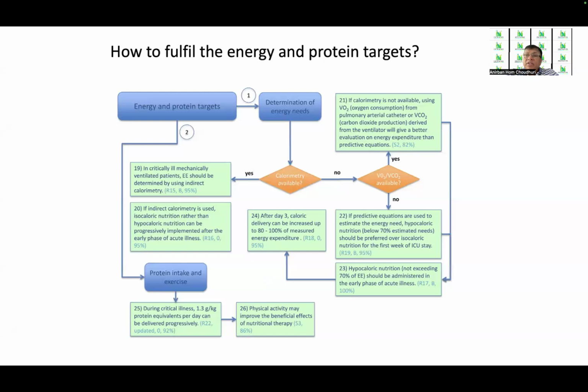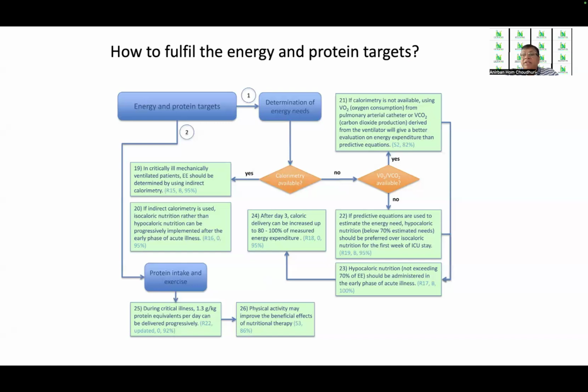So if we use hypocaloric nutrition, that plus the energy already being used by the body from its stores makes up the 100%. And if we try to give 100% of the calculated energy, then the total actually exceeds 100%, which can have some harmful effect on the body.